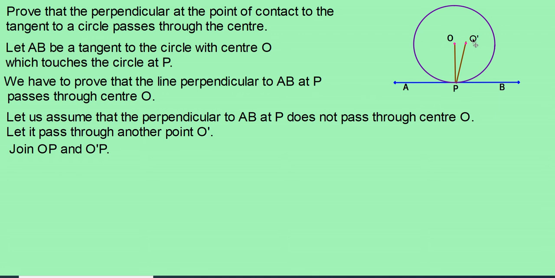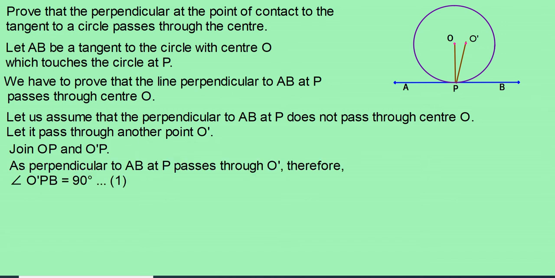That means angle O dash PB should be 90 degrees because it is a perpendicular. So we can write, as the perpendicular to AB at P passes through O dash, therefore angle O dash PB is equal to 90 degrees. This we can take as equation 1.